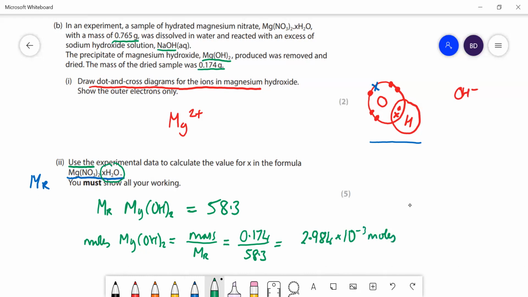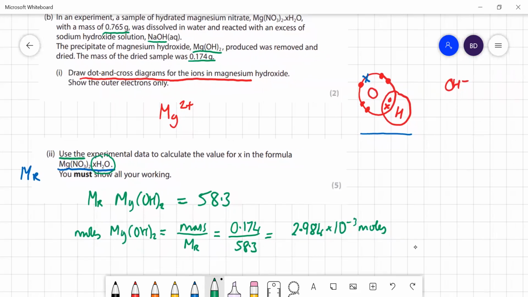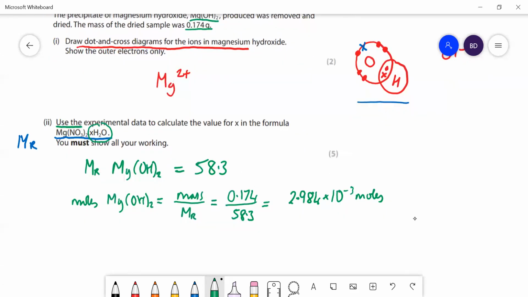So from that, we can say that 1 mole of magnesium nitrate will give you 1 mole of magnesium hydroxide. So therefore, we can say the moles of MgNO3 to XH2O is the same as this number here, 2.94 times 10 to the minus 3. Okay, so we've got that.